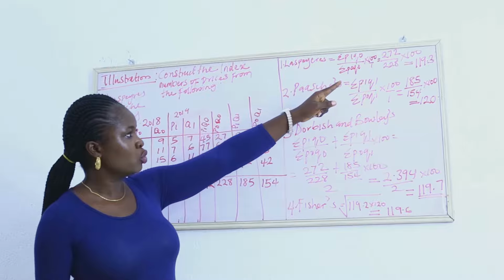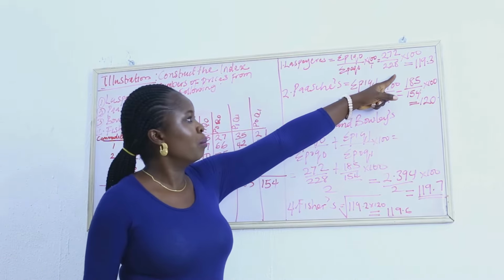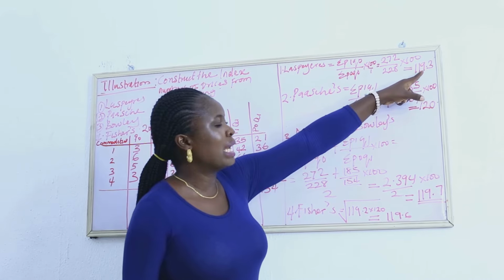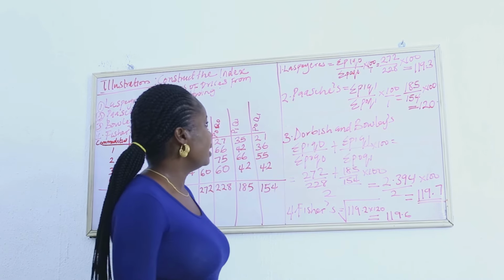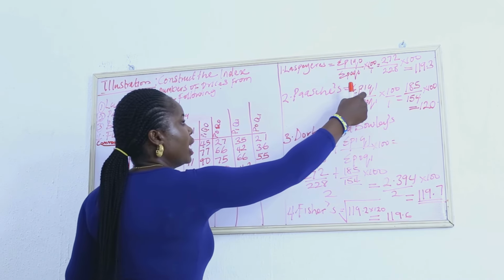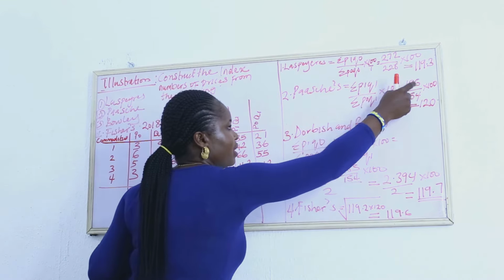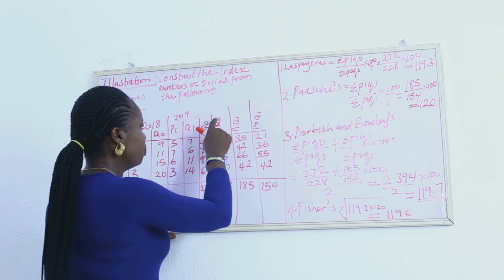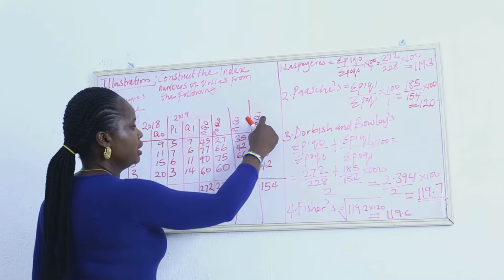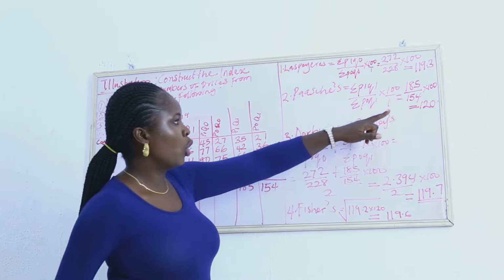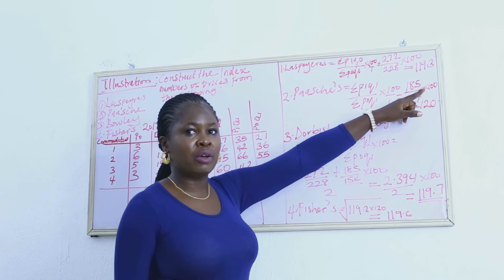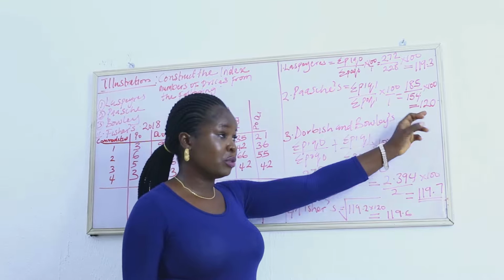So 272 divided by 228 multiplied by 100, we have 119.3. Then the second formula says total of P1 Q1 is 185. Then P0 Q1 is 154. All over 154 times 100, we have 120.